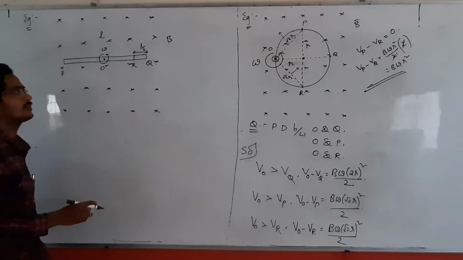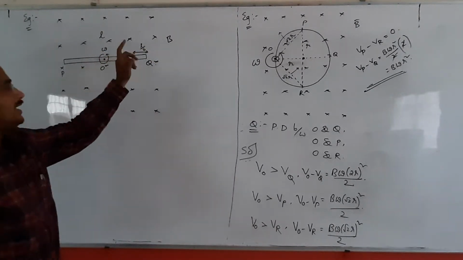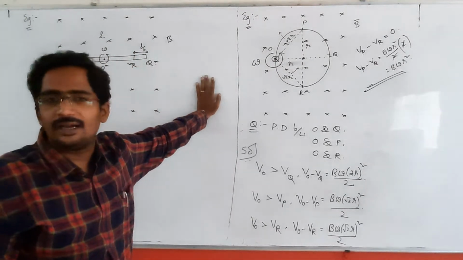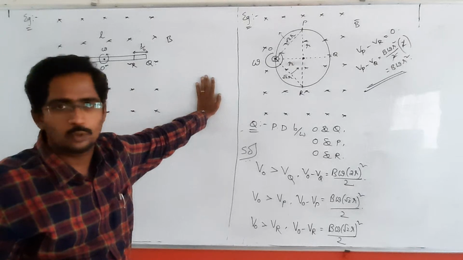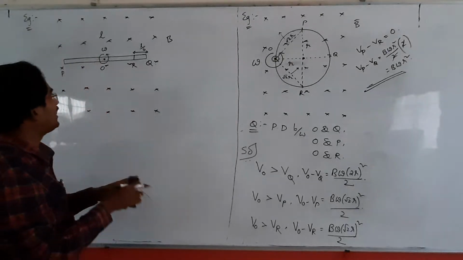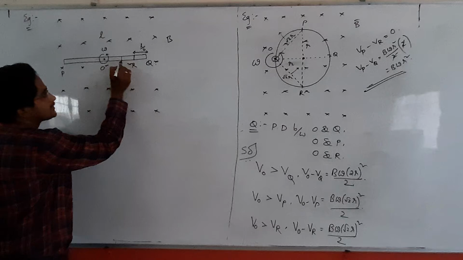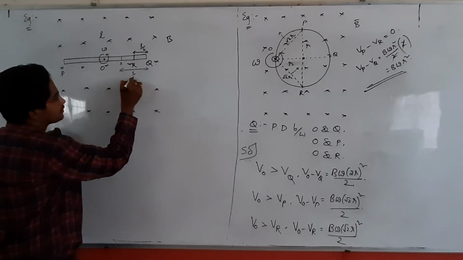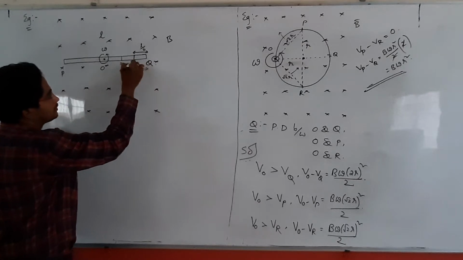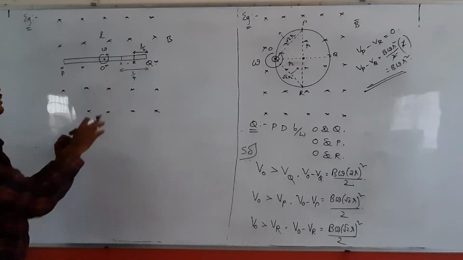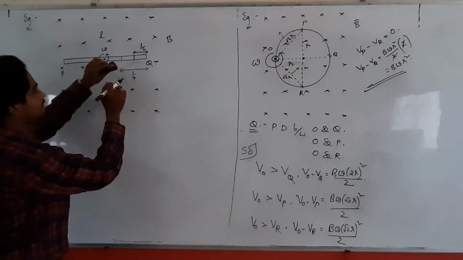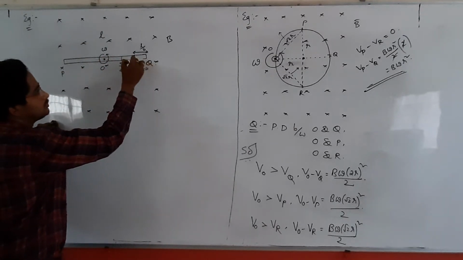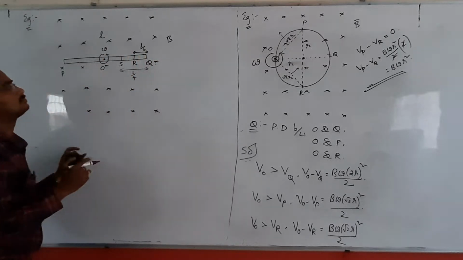Okay, at L by 6 distance from the end, I have chosen a point R. And another point I am choosing here, at a distance of L by 4. Okay, it is S, it is R, it is Q.